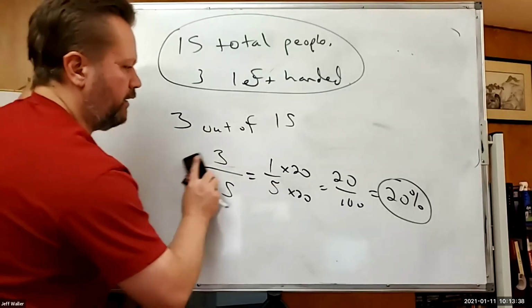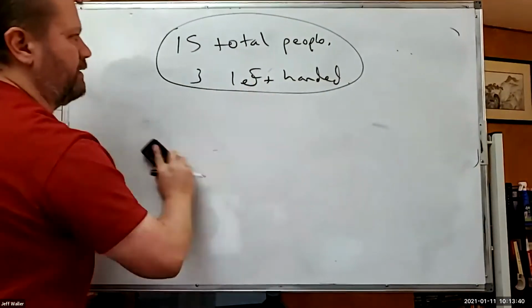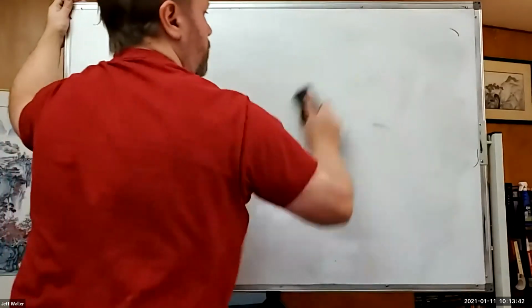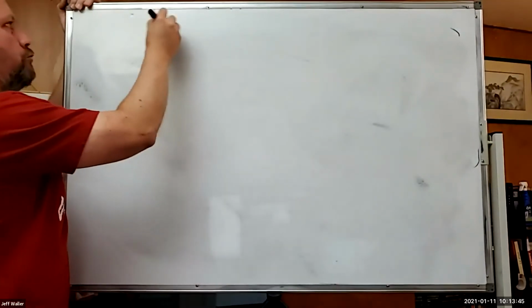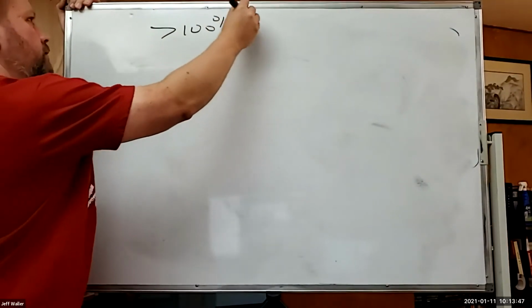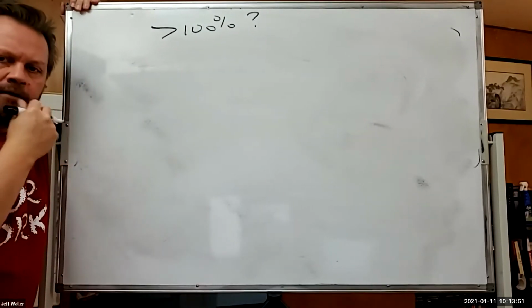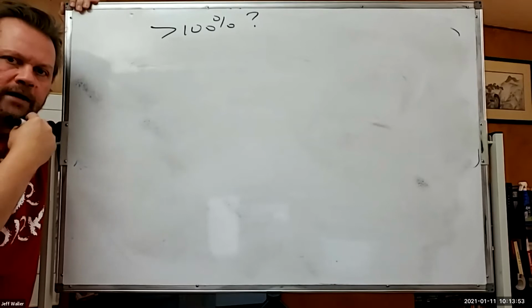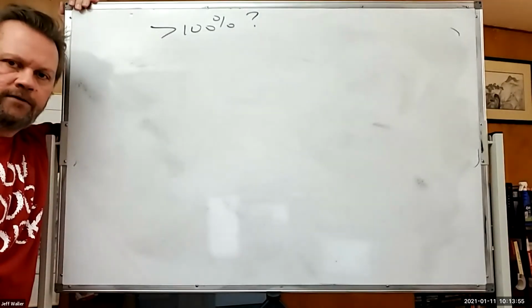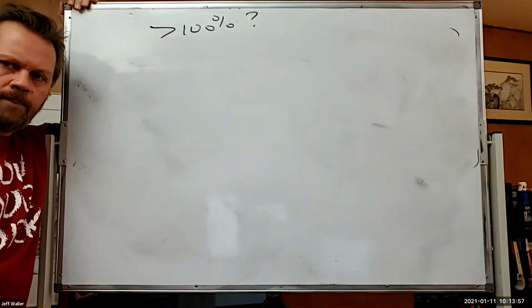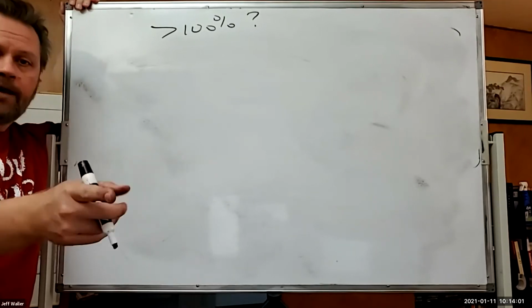So what kind of problem, here's the last idea we'll talk about and then we'll take a break. What kind of problem could be greater than 100% and still make sense? Not the kind of problem we just did. That can never be true, but what kind of problem could do this? What's the percent increase? Sure, yeah, exactly.